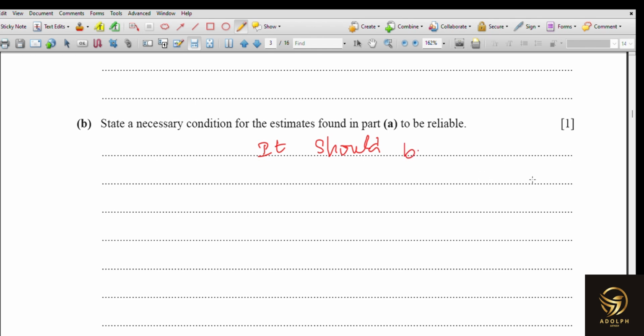So it should be a random sample. That's enough for that 1 mark, and this is what is expected.